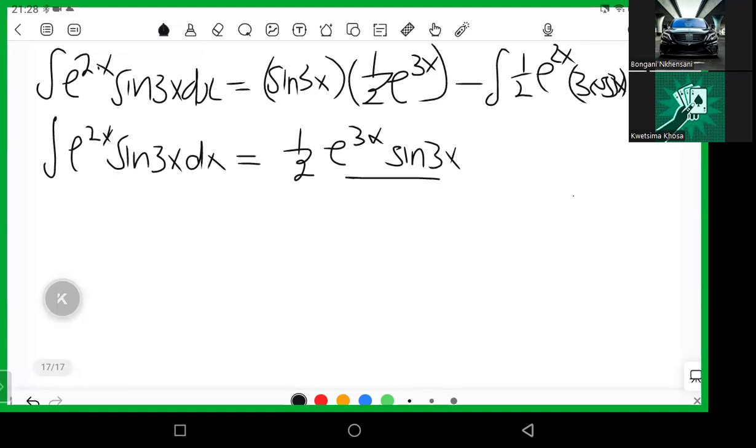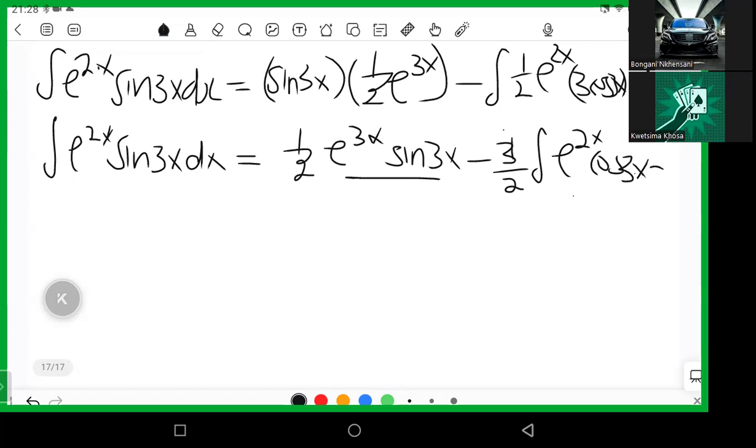And then minus, now let's take out the constant. 1 over 2 times 3 is 3 over 2, the integral of e to the 2x cosine 3x dx.